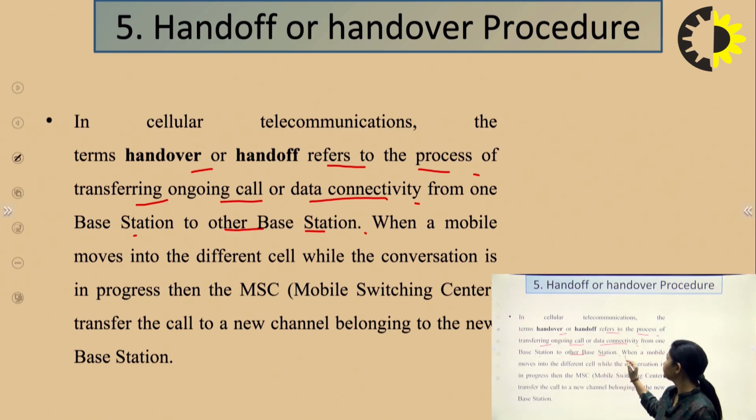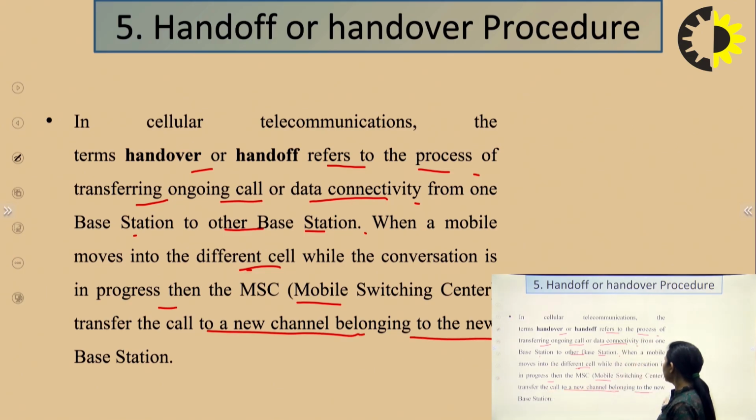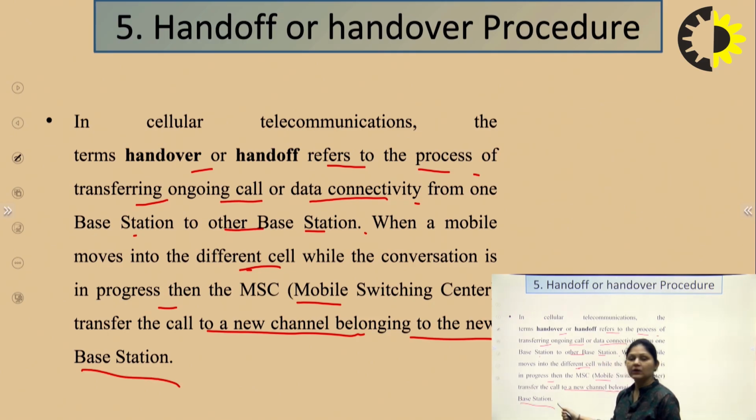When a mobile moves into a different cell while the conversation is in progress, one base station will hand over my signal to the other base station. This is done by the MSC, the Mobile Switching Center, which transfers the call to a new channel belonging to the other base station.